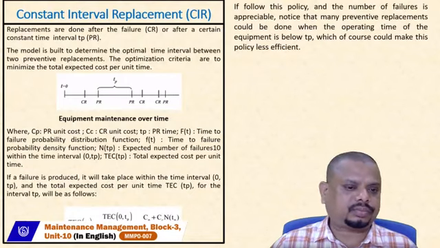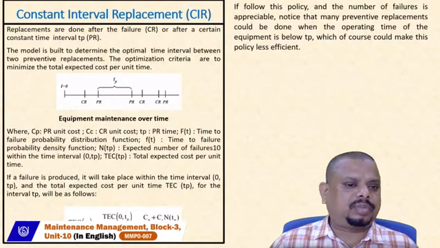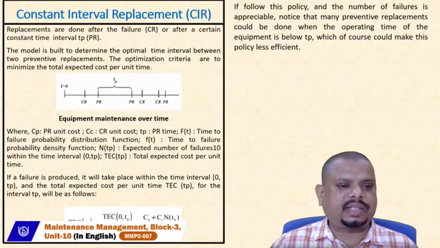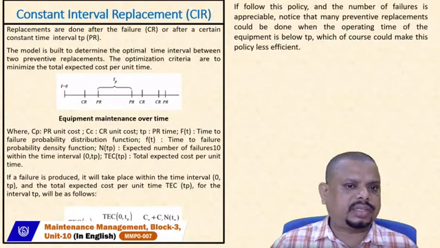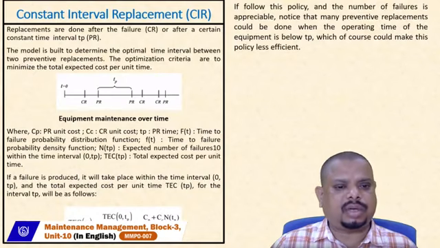In this particular model, a linear line is drawn, and t equals 0 is the initial point, the initiation or installation of the machine. Then CR stands for the failure rate. The next is PR, the preventive replacement, and in between one PR and the next you can find TP. So TP is the constant time interval.